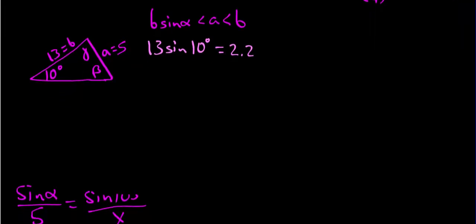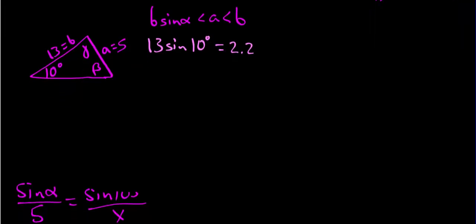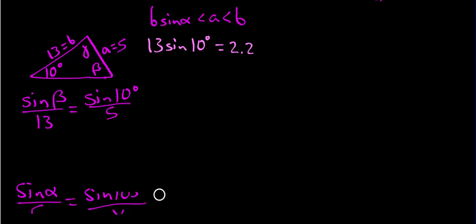Now, we just have to figure out what we want to solve first. Notice I've got sine beta over 13 is equal to sine 10 degrees over 5. That's the law of sines. I just try to use what I've been given.